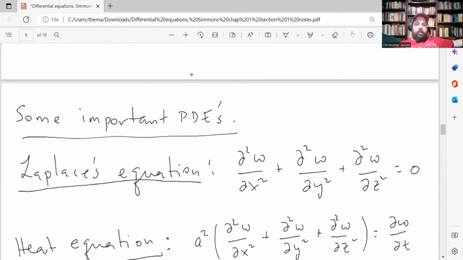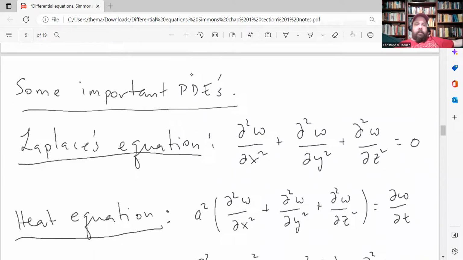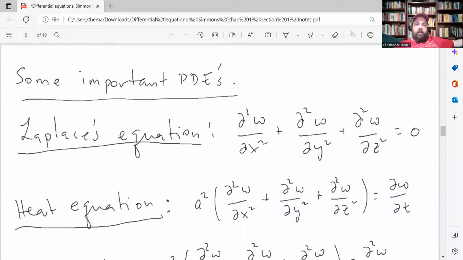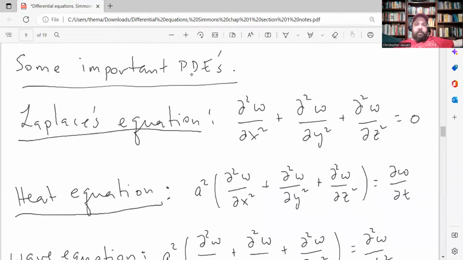And then he gives some important PDEs too, which we'll look at, I'm sure, ad nauseam when we get to a PDEs class. So the first one is called Laplace's equation. Notice these are now all partial derivatives rather than ordinary derivatives. So if you take the sum of the three partial spatial derivatives and set it equal to 0, that's called Laplace's equation.